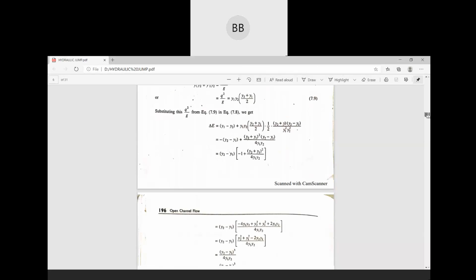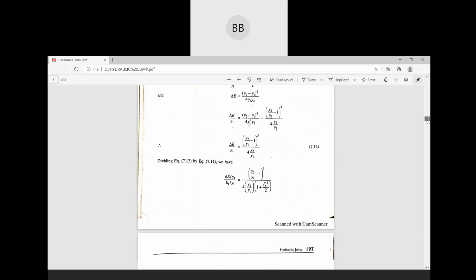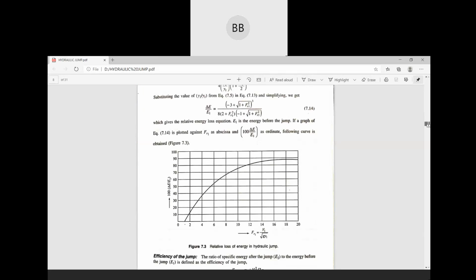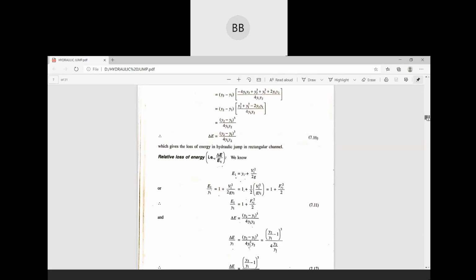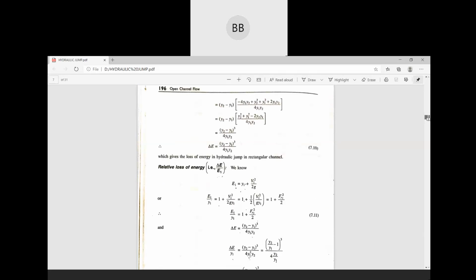We have discussed loss of energy. Okay, so we have completed loss of energy.